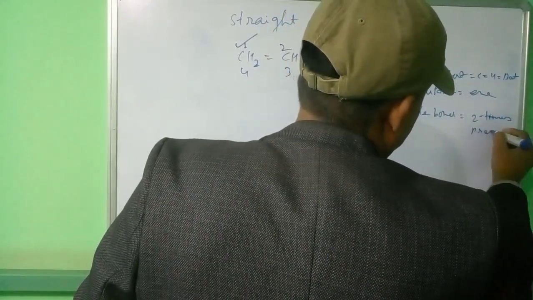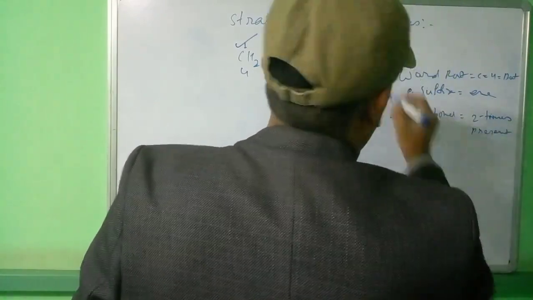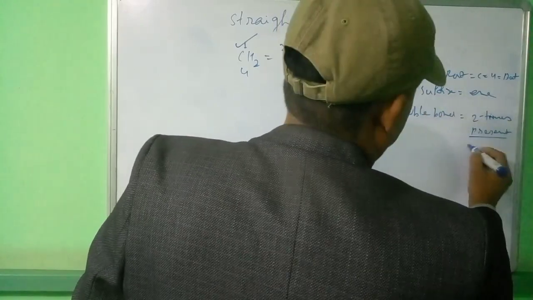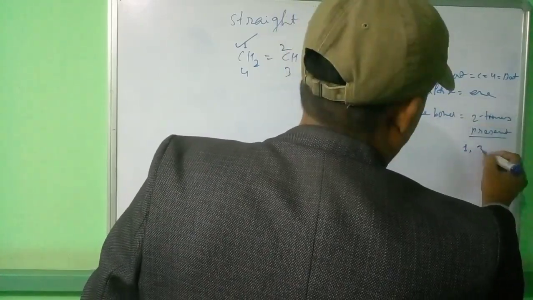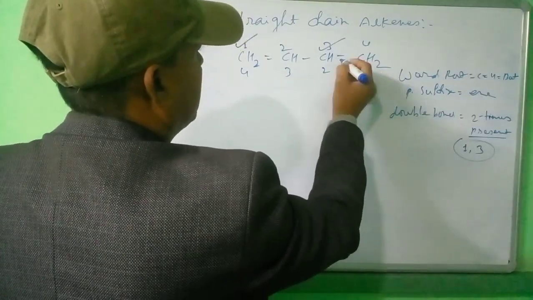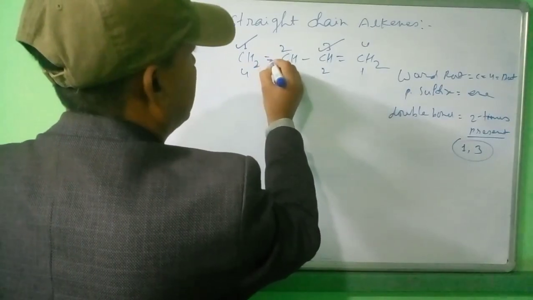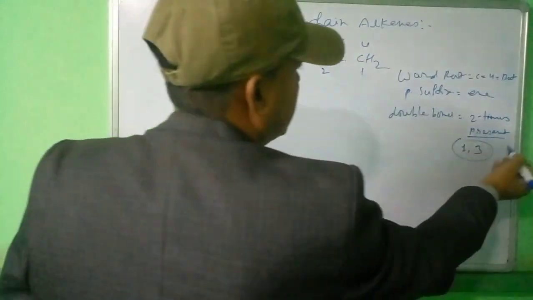Position: first carbon and third carbon. Okay, first position and third position. Here the first carbon is double bonded, and the third carbon. Here also, left to right, the first carbon is where the double bond starts, and the third carbon. Okay, so 1,3 position.